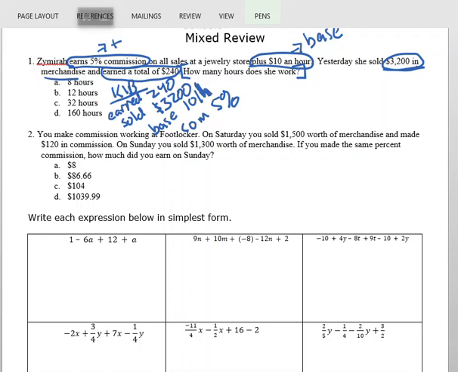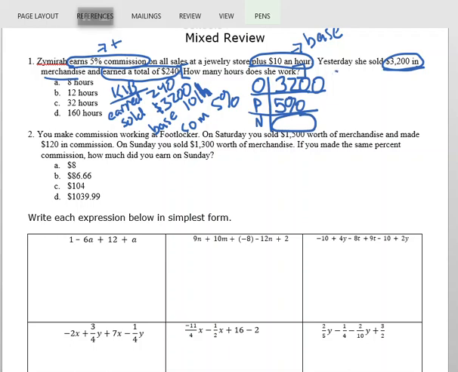Now I am going to do an OPM chart, okay, because I do have my original, my percent change, and my new. I first want to find out how much commission she made, okay? So if she sold $3,200 worth of product and earned 5% of that product, this will give me her commission.